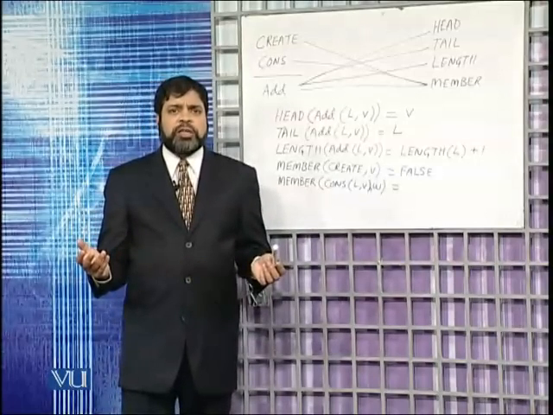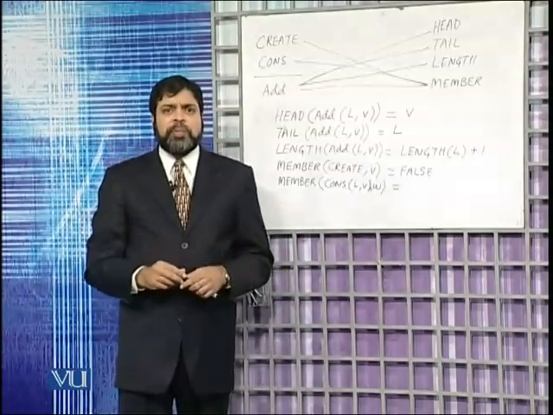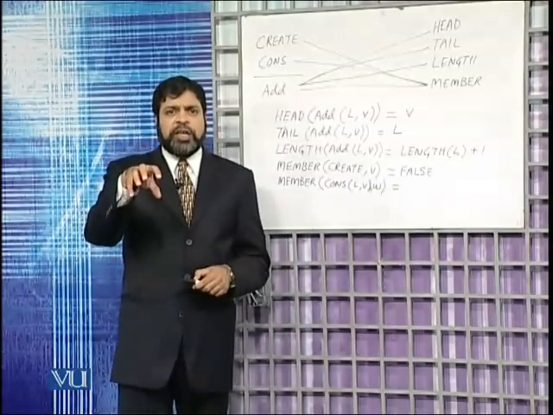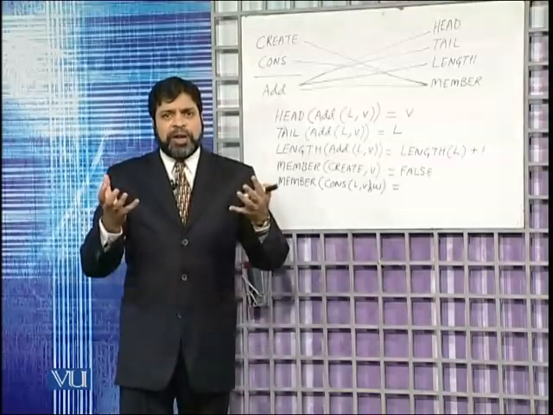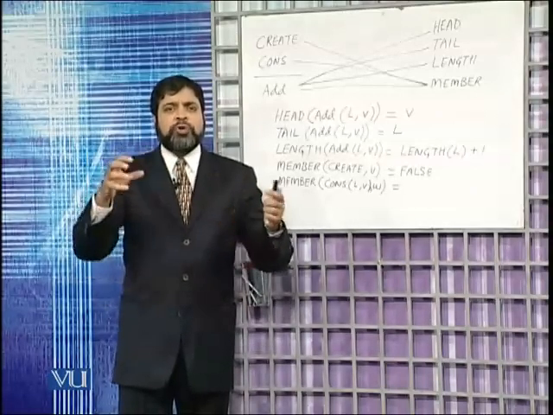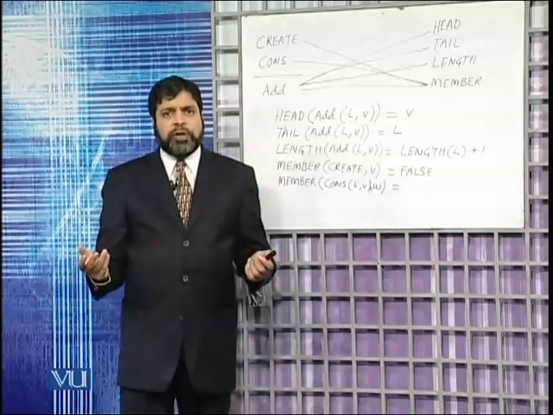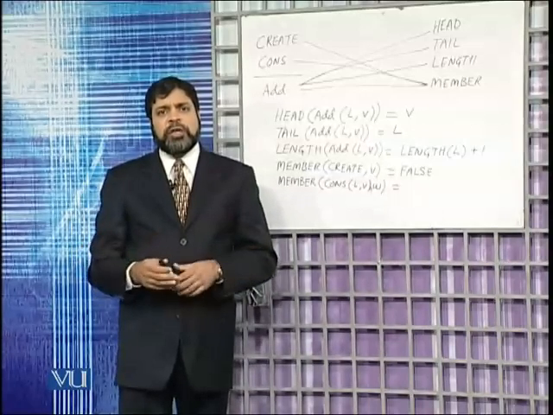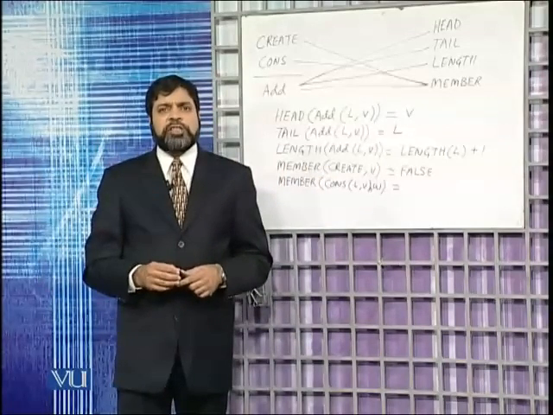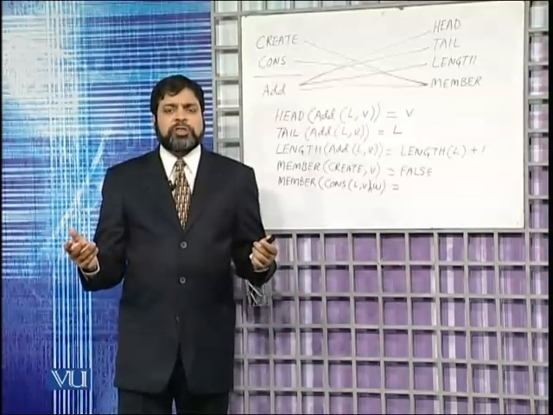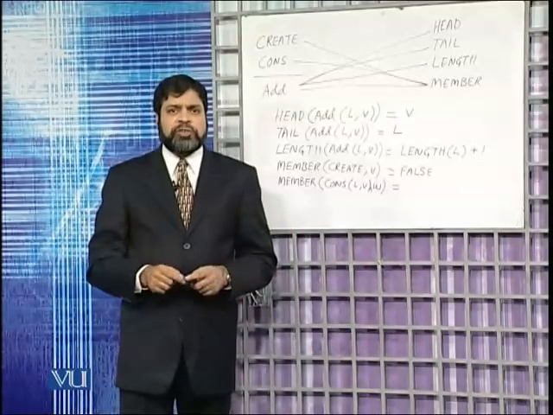In the binary search tree, what did we say? If we were looking for an element, a key in the binary search tree, we said if that key is present at the node, so we have the root node. So if the key is at the root node, we have found it. Otherwise, if it is smaller, we search in the left subtree. If it is larger, we search in the right subtree, and we repeat the process again. Here we are going to write a very similar recursive definition.